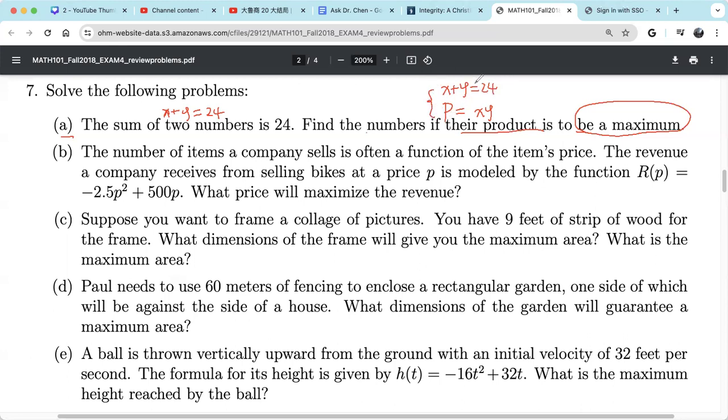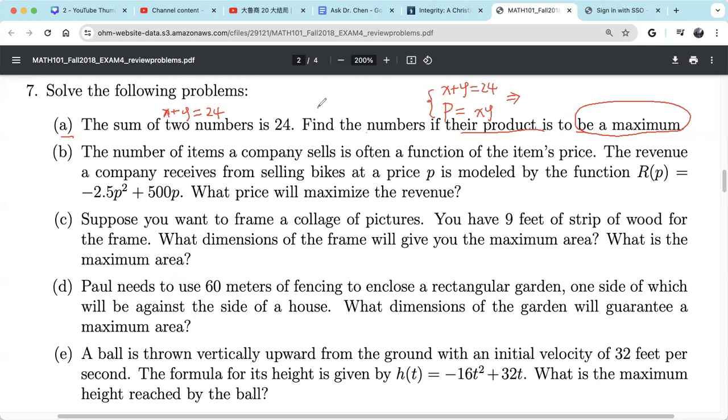So how do we use these two equations to come up with a function? In life, we want to build mathematical models, and those models oftentimes are functions. We have learned the linear function and the quadratic function.